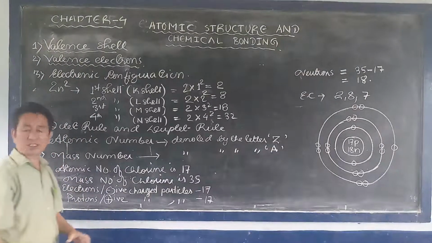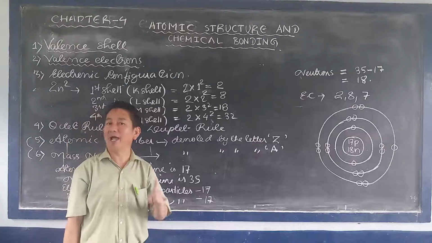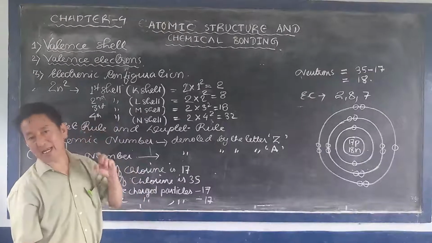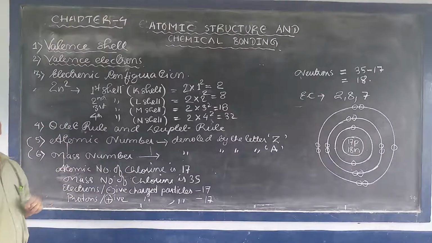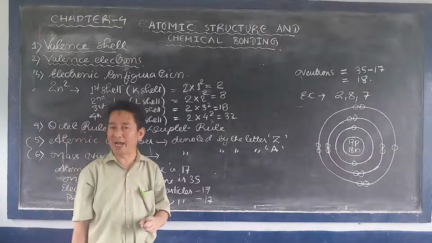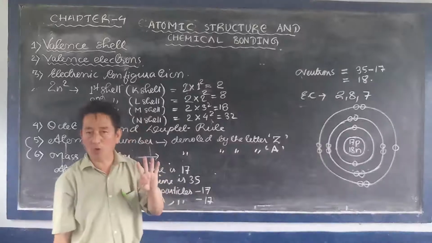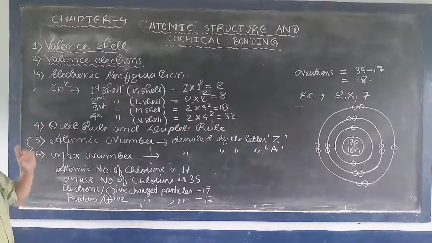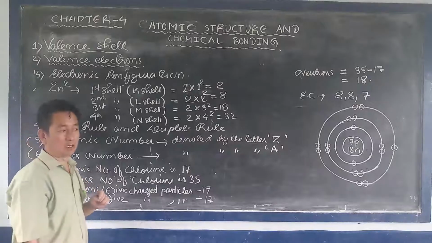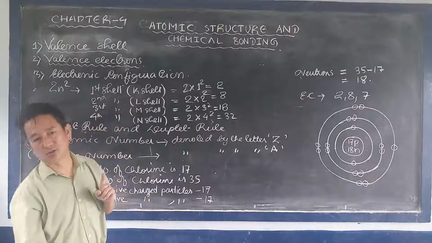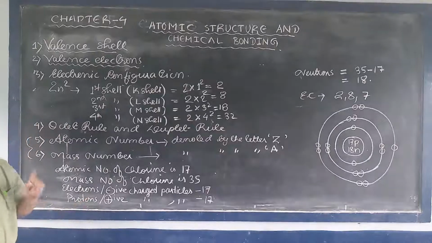If the outermost shell of an atom has 1 or 2 or 3 electrons, that atom is a metal. If the outermost shell has 4, 5, 6 or 7 electrons, that atom is a non-metal. If the outermost shell has 8 electrons, that atom is a noble gas.